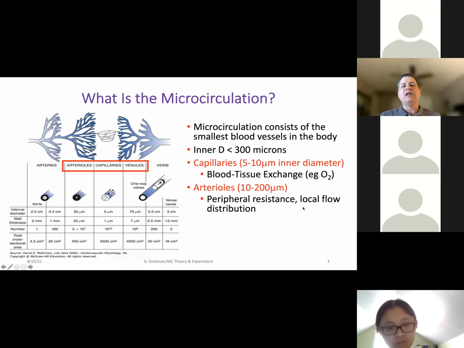So when we talk about regulation of the microcirculation, we're mostly talking about arterioles. Venules are the vessels you don't hear much about. They're small veins. They have to do with immune cells getting in and out of the tissues, and they also have to do with regulating blood volume and the capacitance of the vasculature. So that's just a general introduction to the microcirculation.